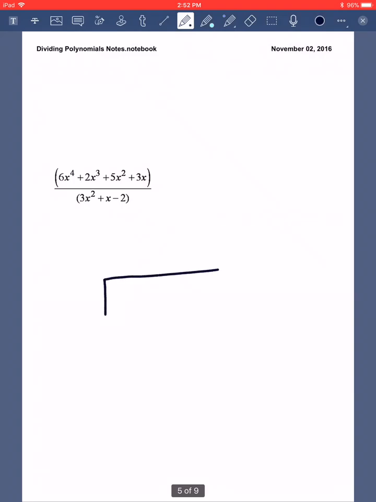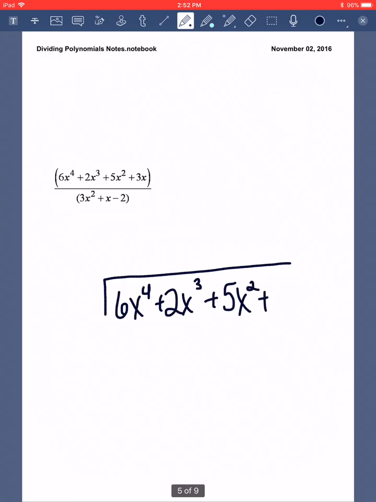So I've got 6x to the fourth plus 2x cubed plus 5x squared plus 3x, and I'm missing my constant, so I'm going to put plus 0. And I'm dividing it by 3x squared plus x minus 2.